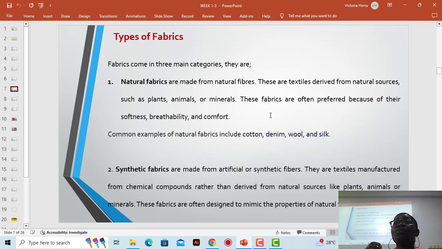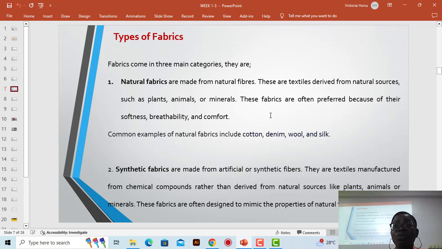An example of a mineral fiber is asbestos. So these fabrics are often preferred because of their softness, breathability, and comfort.